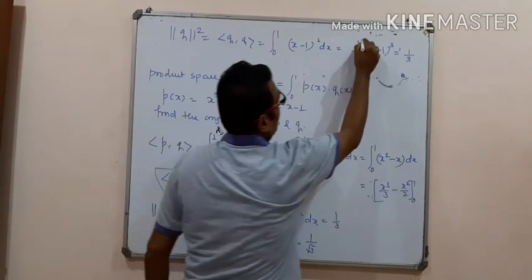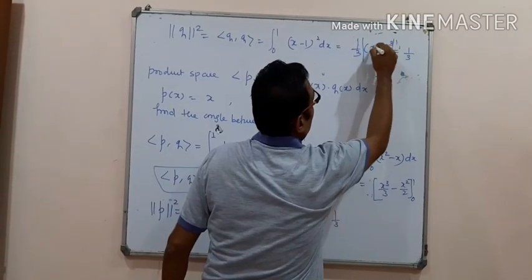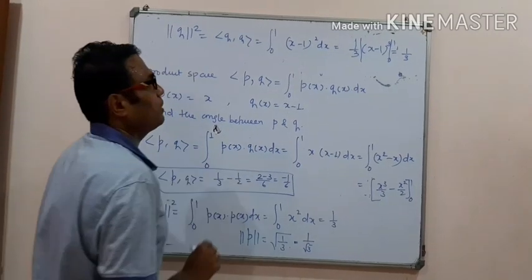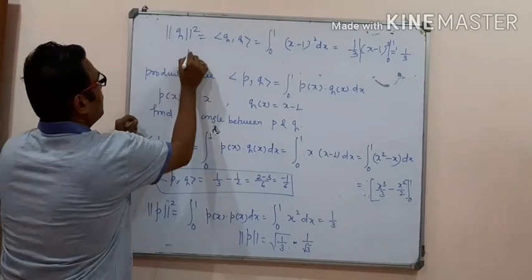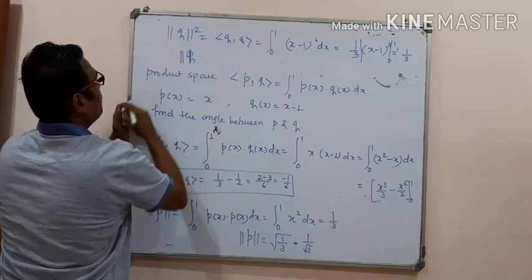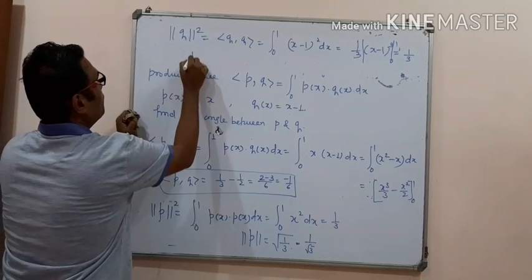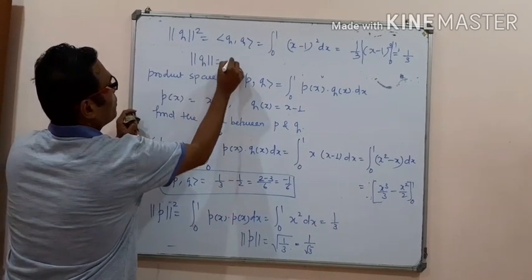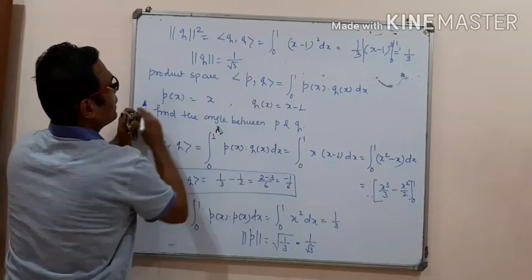In the case of the upper limit and lower limit, upper limit gives 0, lower limit gives minus 1 cube, so that is 1 by 3. So norm of q is equal to root over 1 by 3.